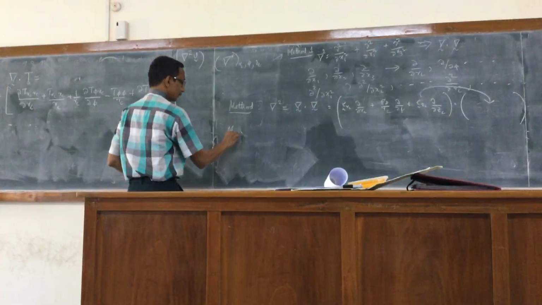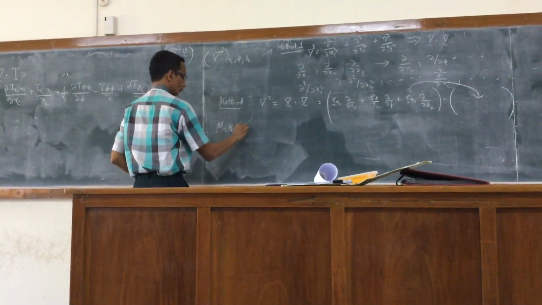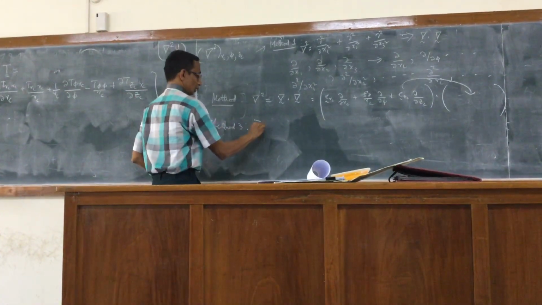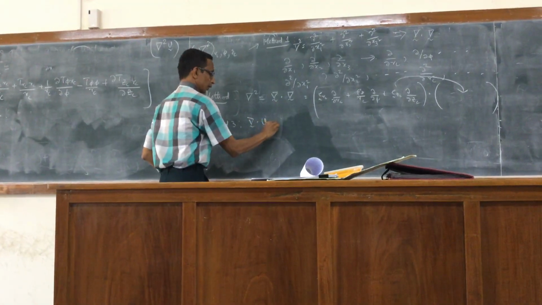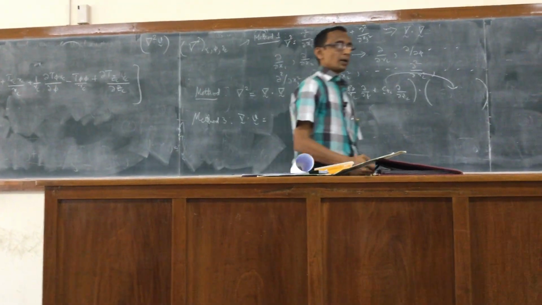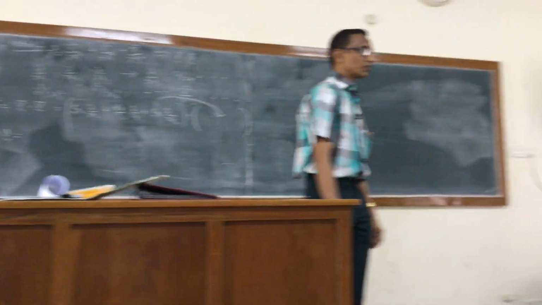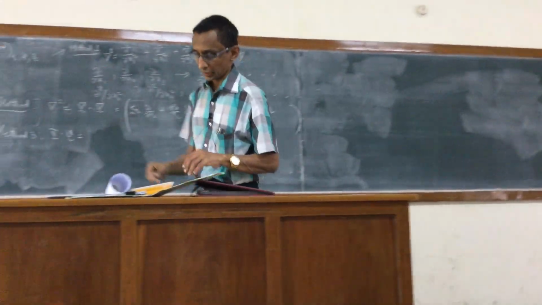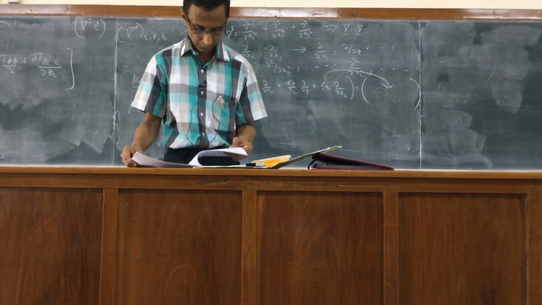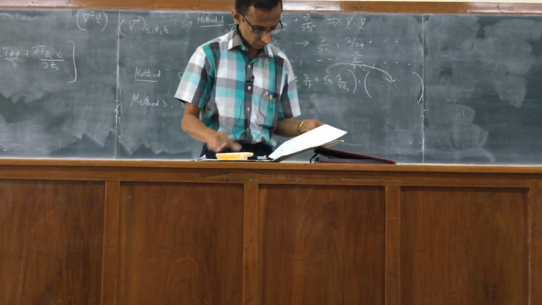Now method 3 is what I would use, and that I will obtain by the formula for the divergence of a vector field, which I have already got in the cylindrical coordinates.